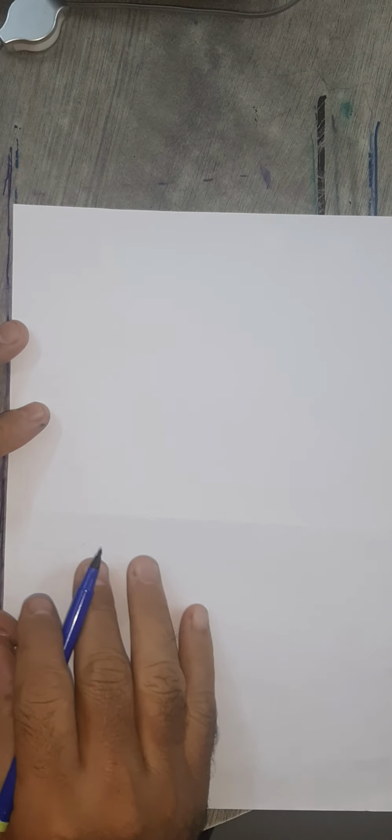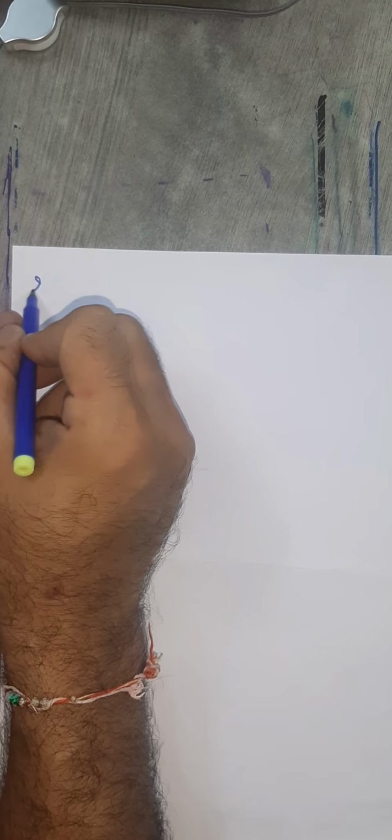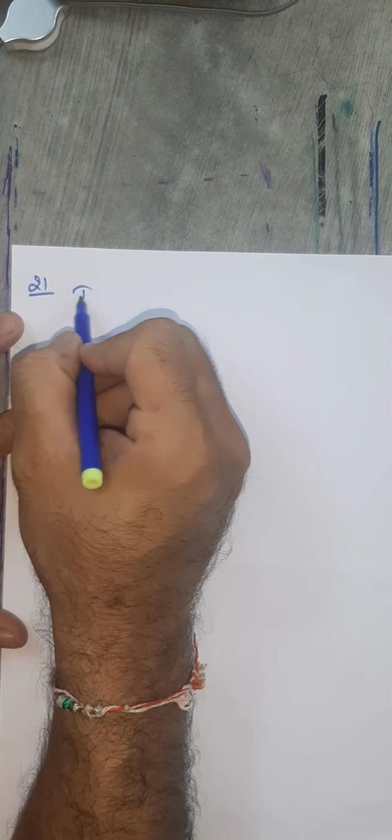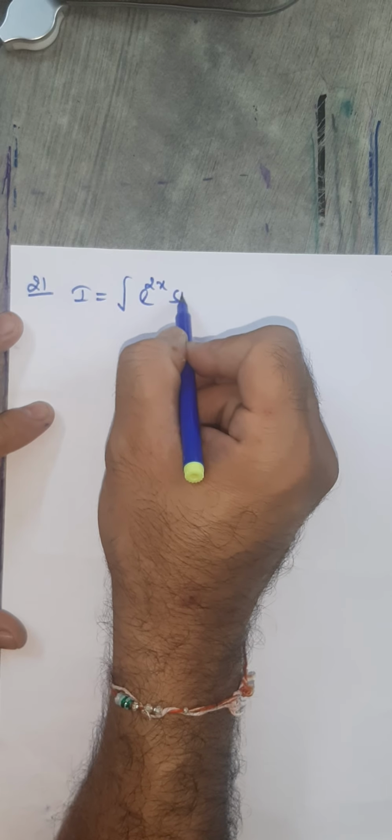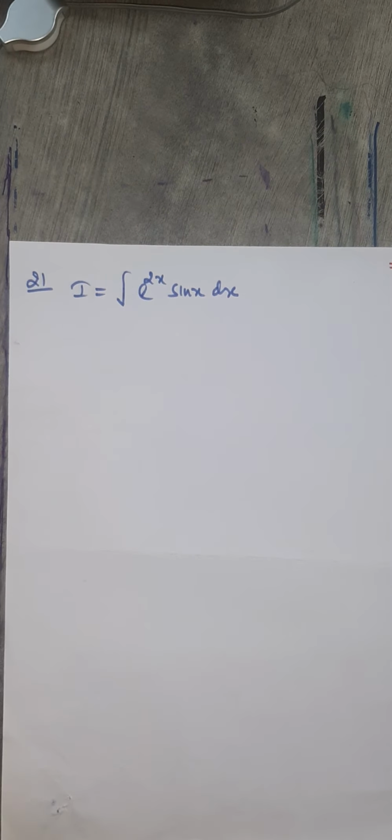Next, question number 21 here. Let me call I equal to the integral of e raised to 2x into sin x dx. So here it is a product of two functions, so we need to use the product rule.